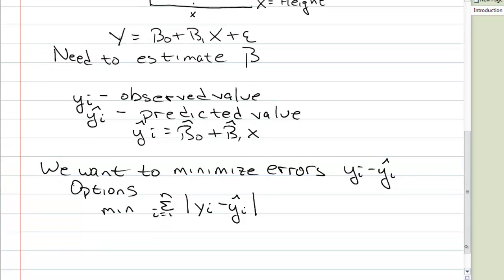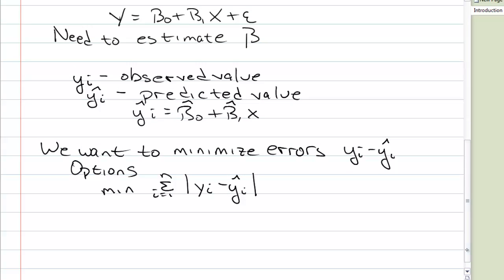That's difficult, that's an absolute value. Second criterion, which is the one we're going to use, we could take the errors and square them. That's a nice mathematical function. That's a quadratic function, so when we take a derivative, it's going to be easier to minimize.